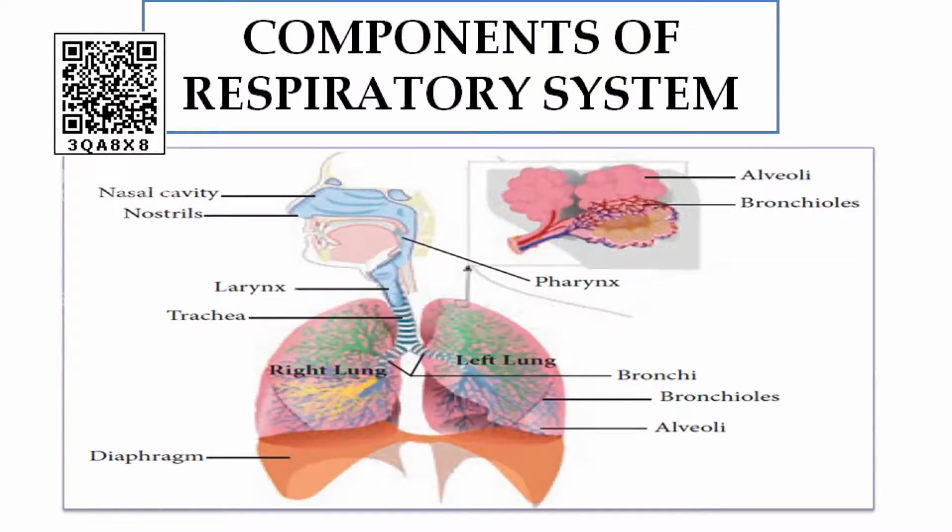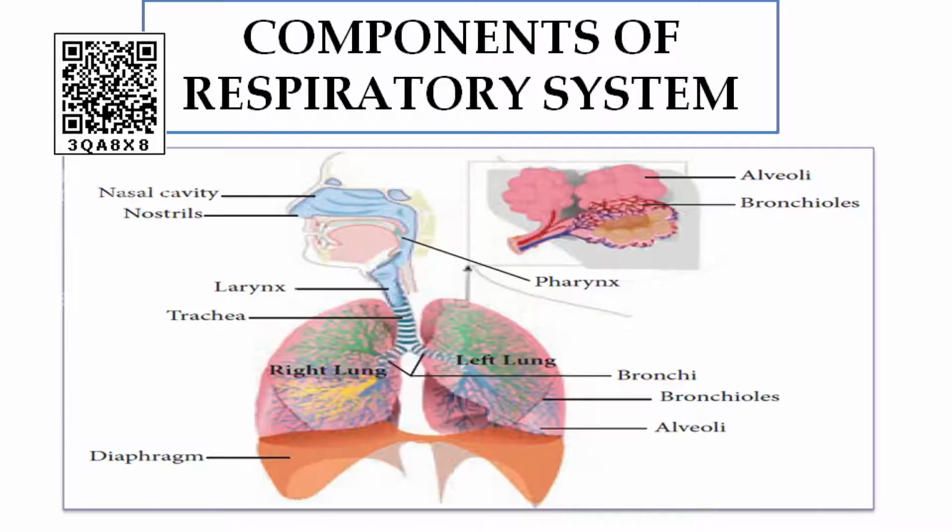Okay children, now observe the image. What are the components of the respiratory system? Shall we see once again? Yes, when the air enters the nose, it passes through the nostrils and reaches the nasal cavity, and the air enters through the pharynx. Pharynx is commonly called the throat.